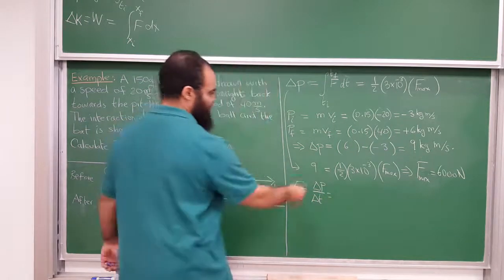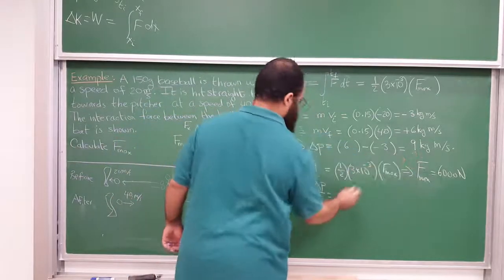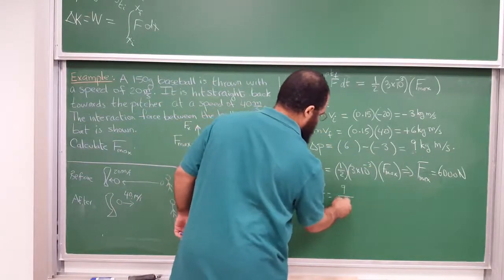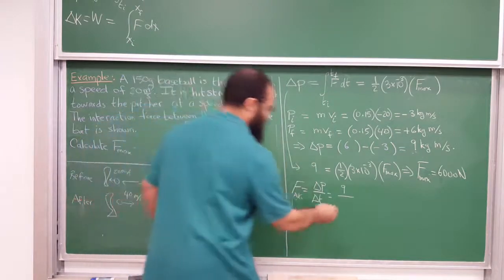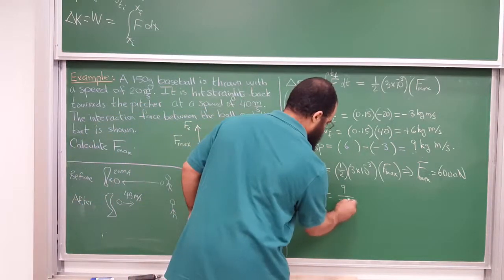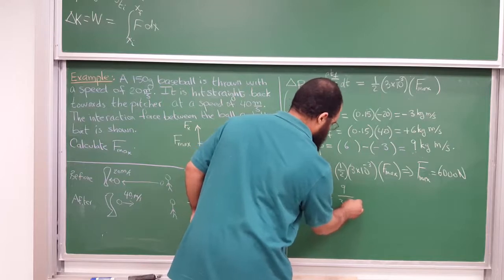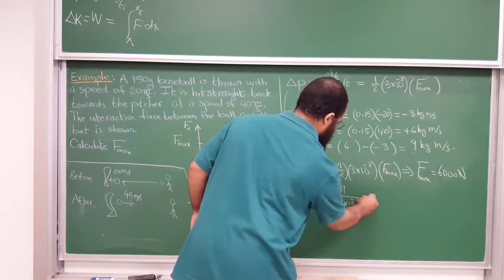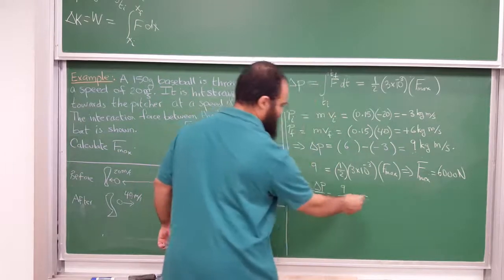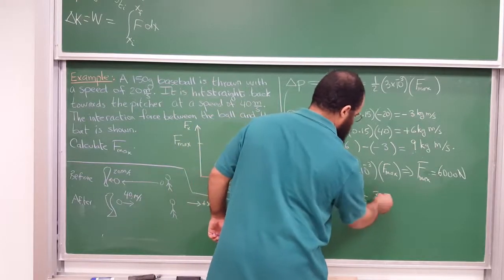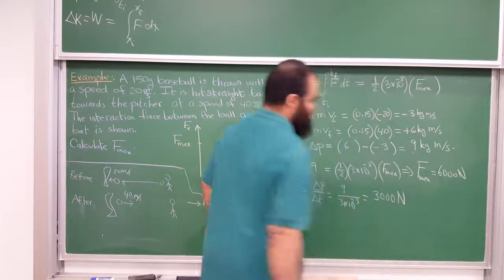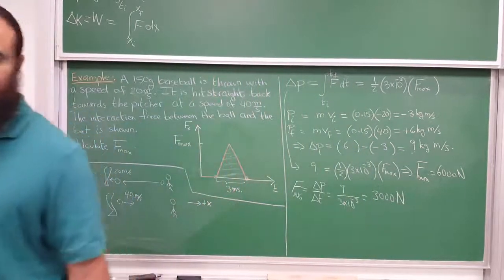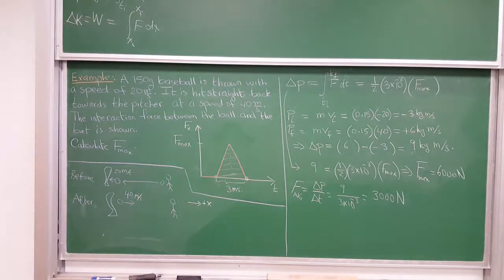And the momentum changed by 9, that's delta P. And the time is, it made that change over a 3 millisecond period. That's 3 times 10 to the minus 3. And if you do 9 over 3 is 3, and 1 over 10 to the minus 3 is 1,000. So 3,000 newtons. That's on average what the force is. The maximum force was 6,000, and the average is 3,000.